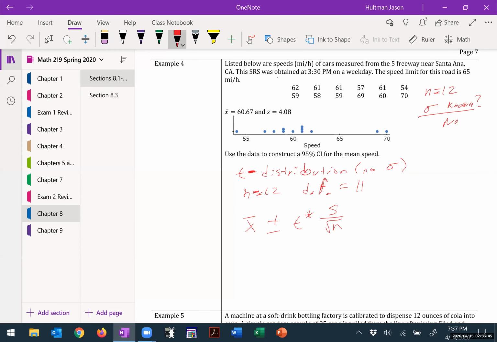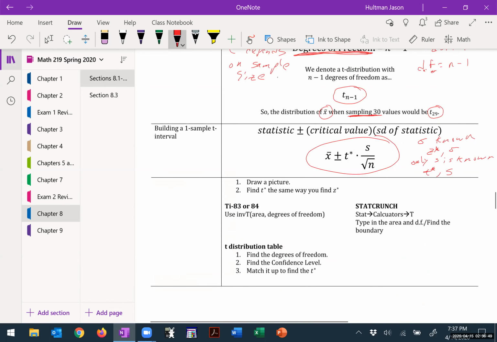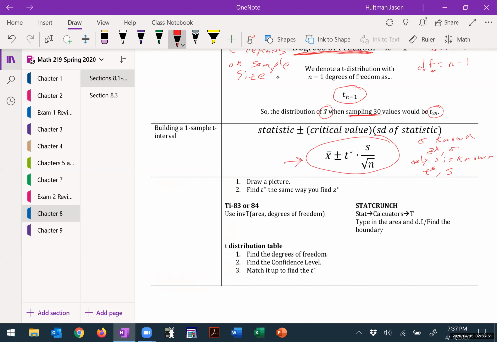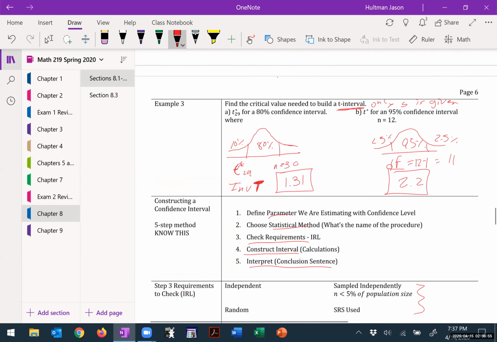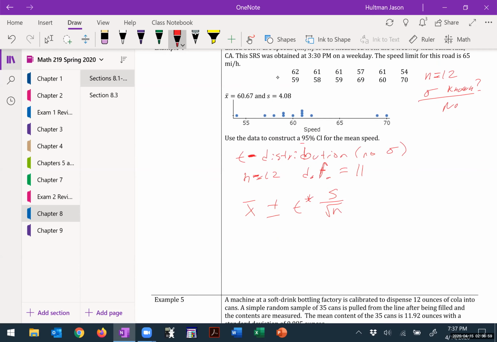That's our formula. It comes to us from up here. This is our formula for building an interval. So we just have to plug in what we know and what we don't know. This is a 95% confidence interval, so we have to find out what t star is.